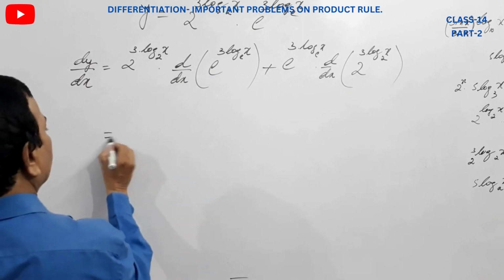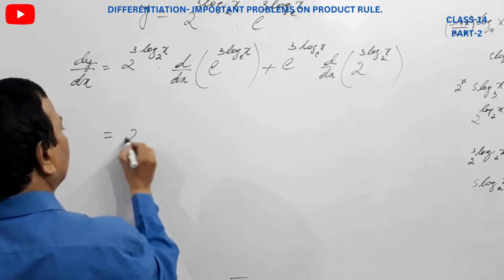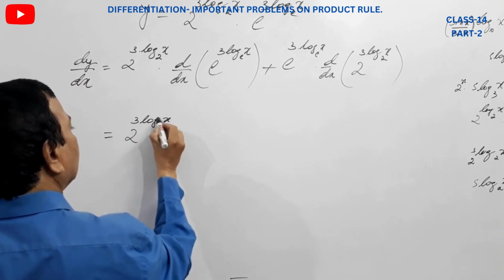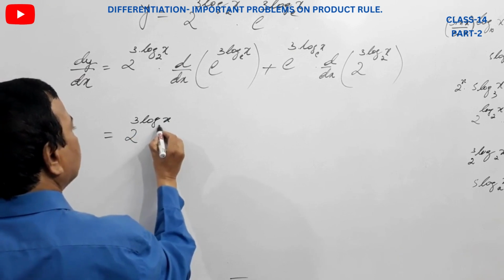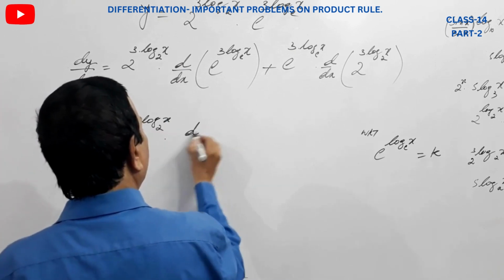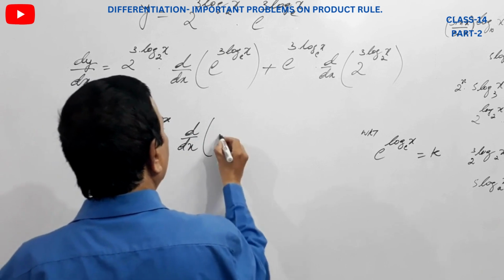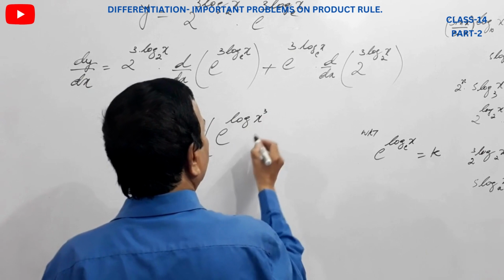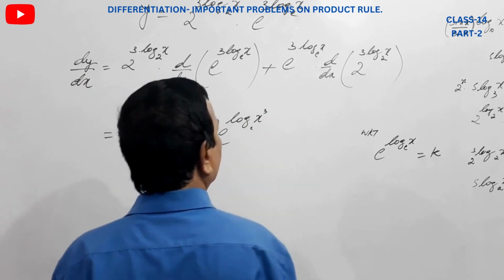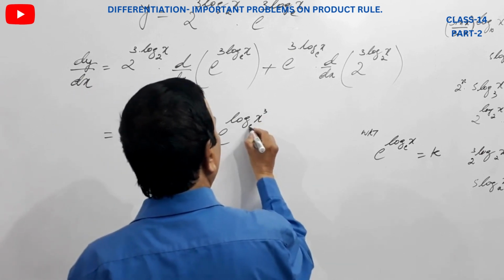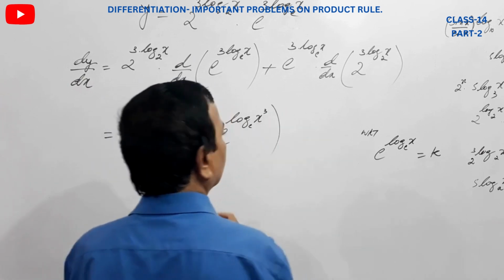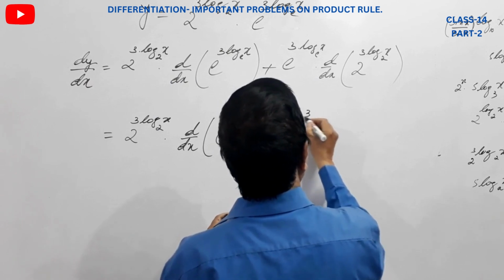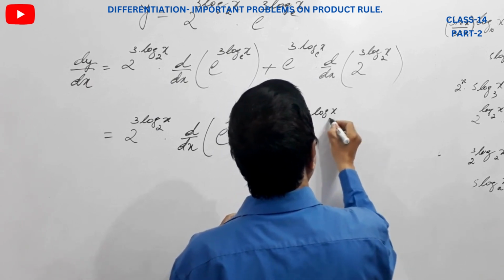So this is nothing but 2 to the power of 3 log x to base 2 d by dx of e to the power of log x cube to base e, plus e to the power of 3 log x to base e.